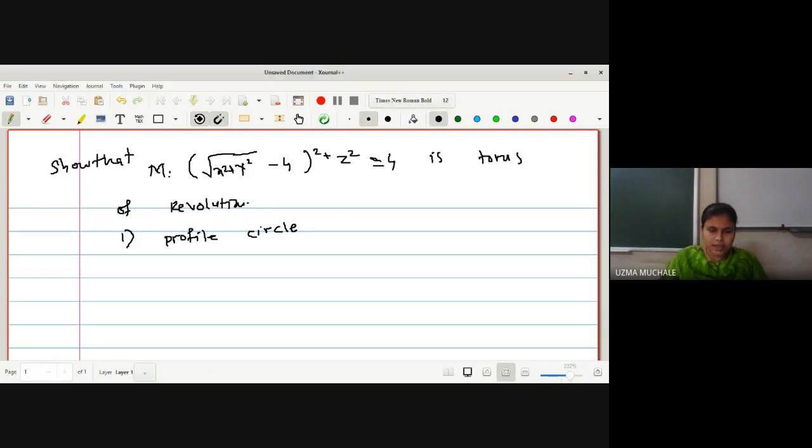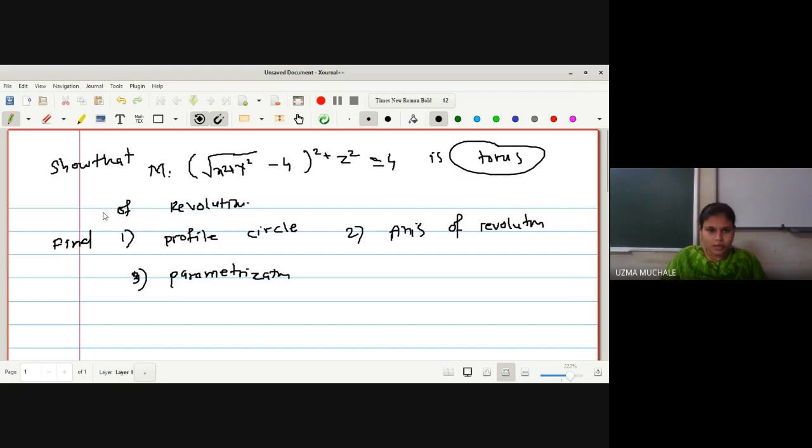Profile circle, as well as we have to find out the axis of revolution. Next, we want to find the parameterization. First we want to show that it is a torus of revolution, then we have to find out these three things. Okay, so let us start one by one.